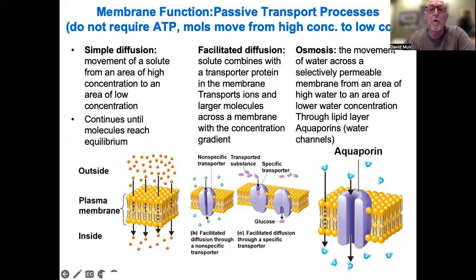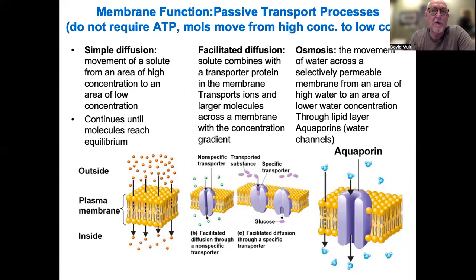Most molecules will not pass easily across that cell membrane. Gases do. Here, for example, oxygen or whatever, on the outside, will pass across the cell membrane due to simple diffusion.